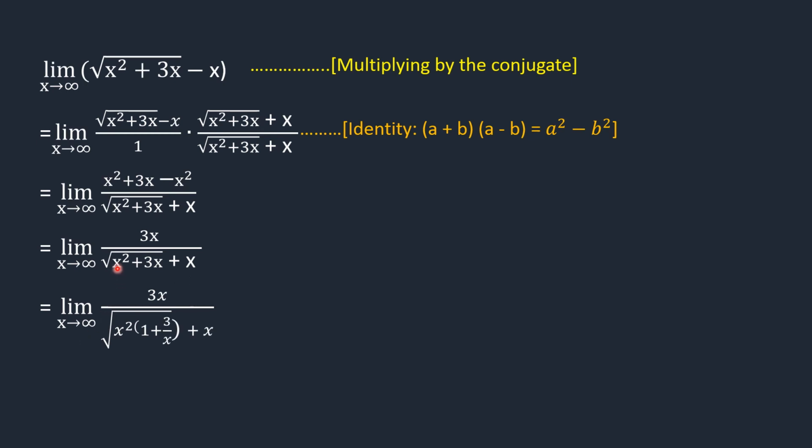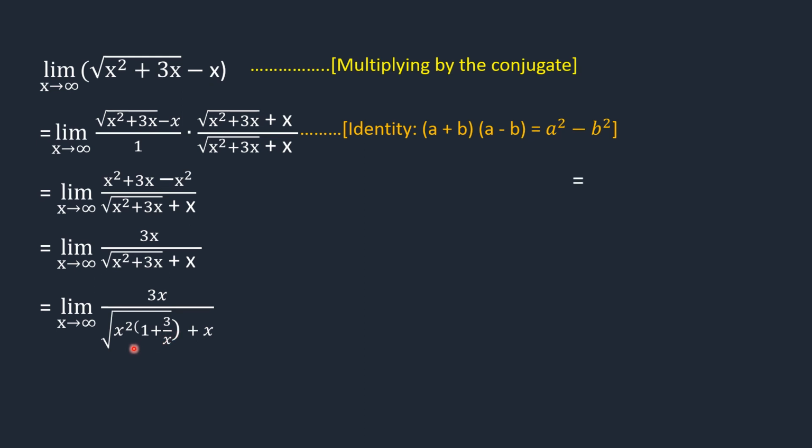Now we will take x square common from the two terms in the radical, so we will get x square in bracket 1 plus 3 over x.